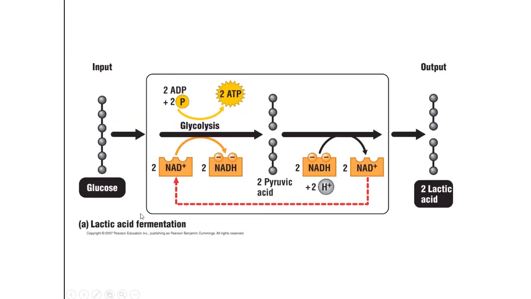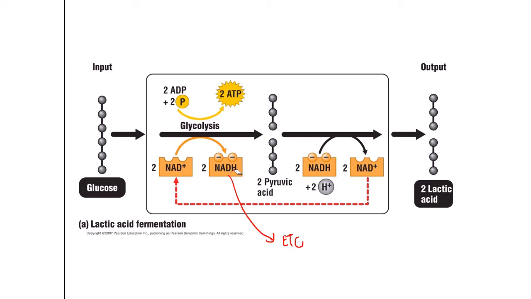So here you can see glycolysis involves releasing electrons. Those electrons are going to be picked up by NAD+, converting into NADH. Normally speaking, this would be able to go to the ETC to generate ATP. But the ETC is clogged when you don't have enough oxygen.